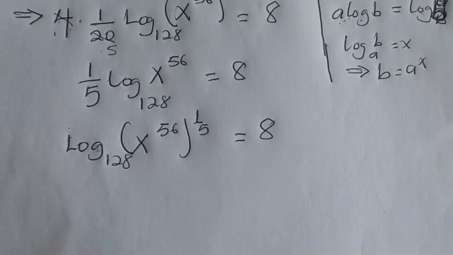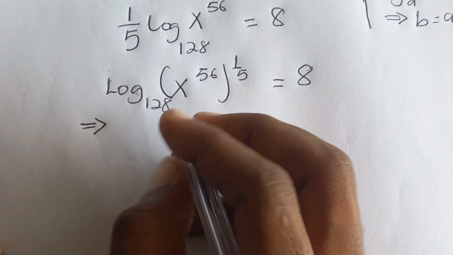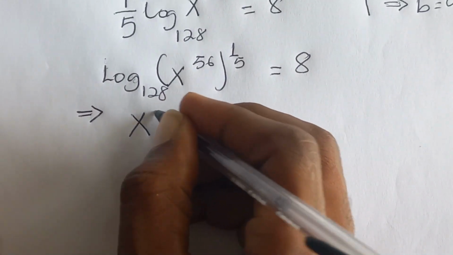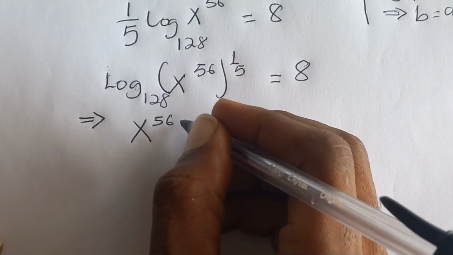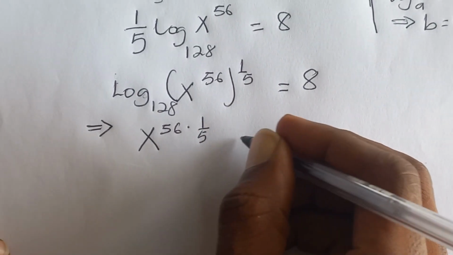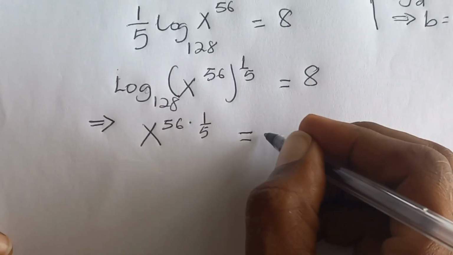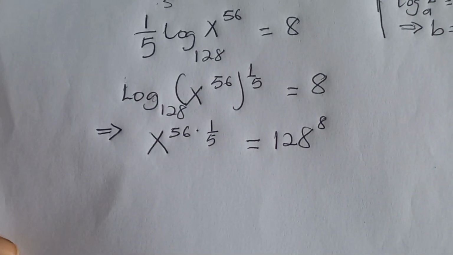So we are going to use this rule here. Our equation becomes x exponent 56 multiplied by 1 on 5 is equal to 128 exponent 8, like this.